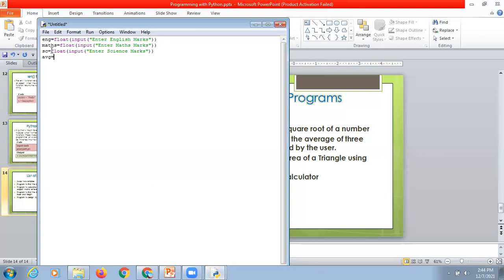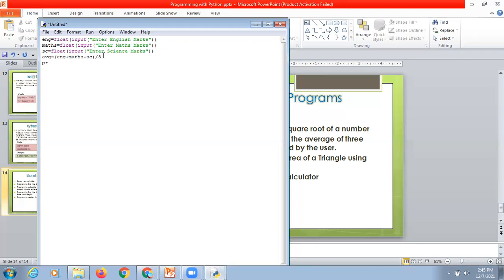AVG equals ENG plus maths plus science, put it in a bracket, and divide by 3. So this is the formula. And now let's print AVG.